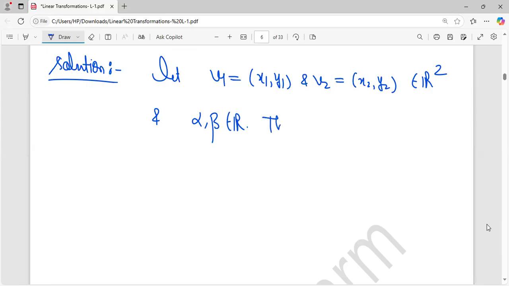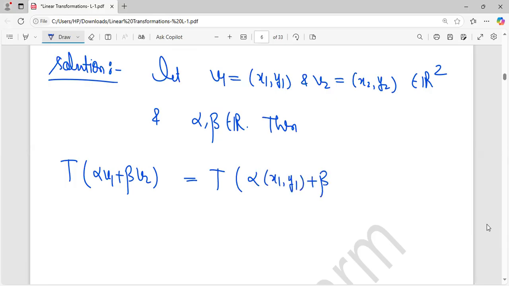Then T of alpha v1 plus beta v2 is equal to T of alpha x1 plus beta x2, alpha y1 plus beta y2.